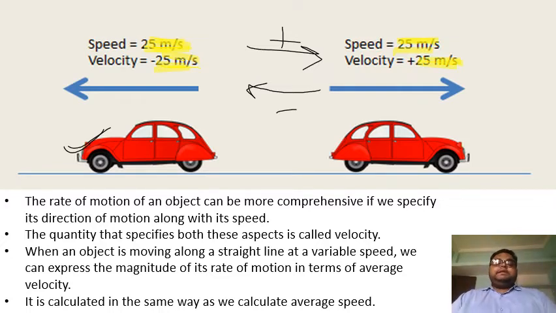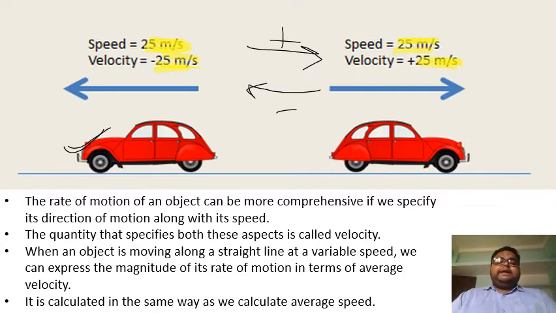So students, the rate of motion of an object can be comprehensively specified if we describe the direction of the motion along with its speed, right? Whenever we describe the direction of the motion along with its speed, only then can we describe the rate of motion more knowledgeably.